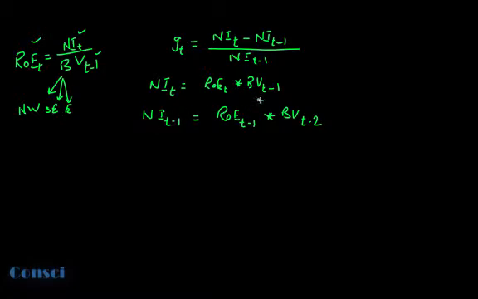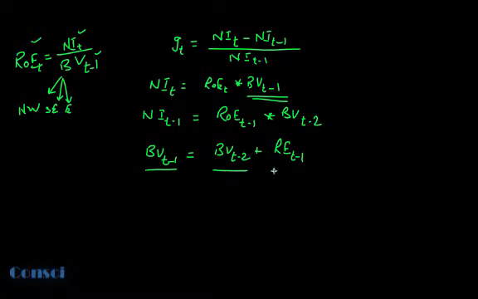Similarly, we can replace book value of T minus 1: book value of T minus 1 is equal to earlier year book value of T minus 2 plus retained earnings of T minus 1. So essentially what we are saying is the recent year book value is given by the earlier year book value plus retained earnings of the recent year.